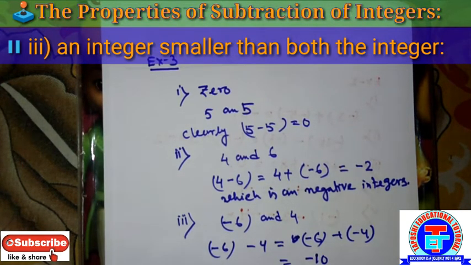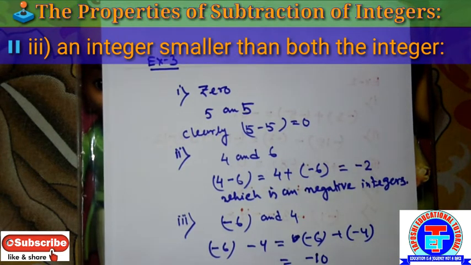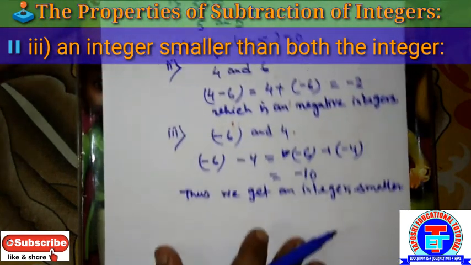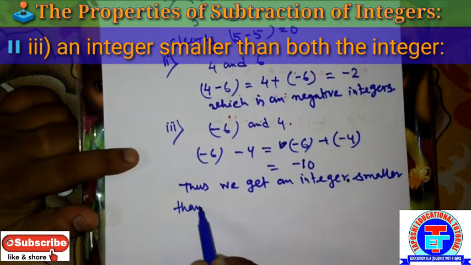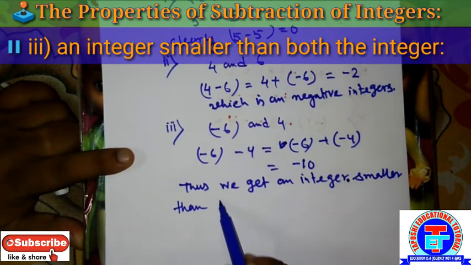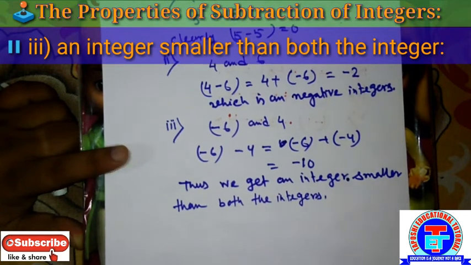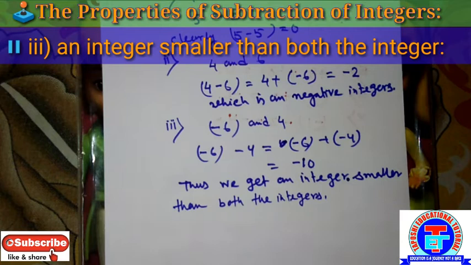So here we write, thus we get an integer smaller than both the integers, right? Number 4, an integer greater than both the integers.